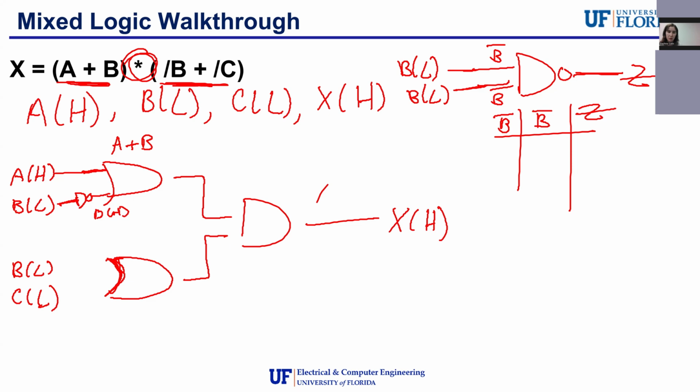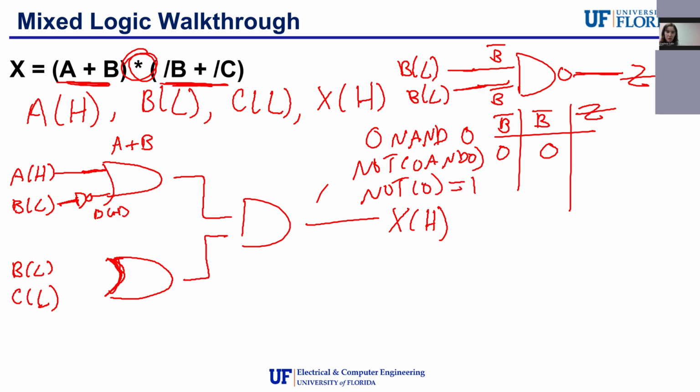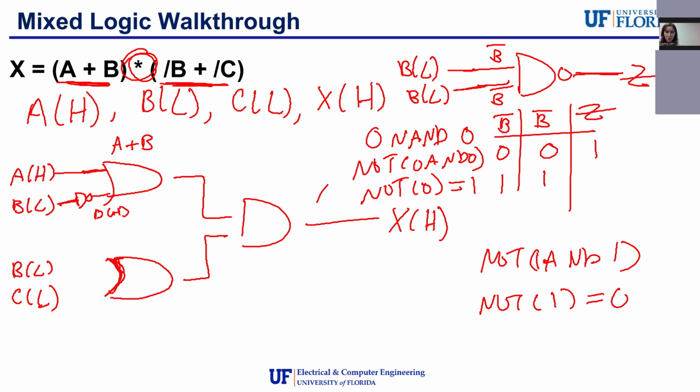So let's say that not B is 0, which would mean that B is 1. 0 NAND 0 is not of 0 and 0. Not of 0 equals 1. So the output's 1. Then let's say that not B is 1. Not of 1 and 1 is not 1, which equals 0. So effectively, if you connect one input to both inputs of a NAND gate, it functions as an inverter. That's what I wanted to explain.